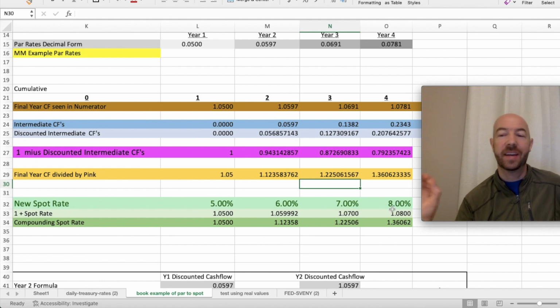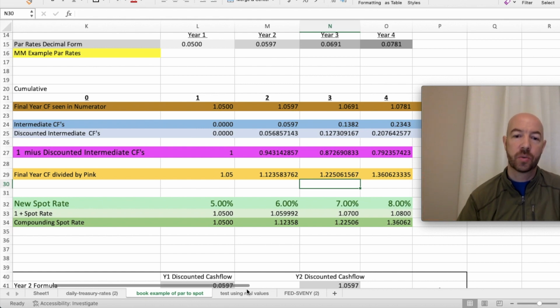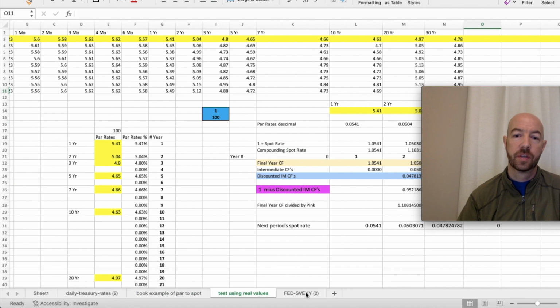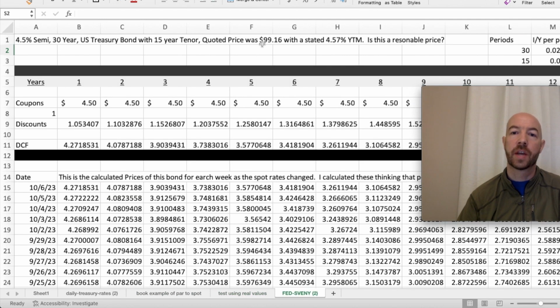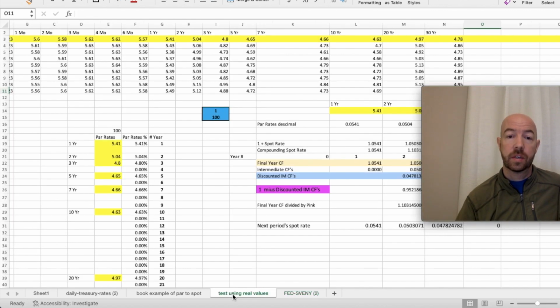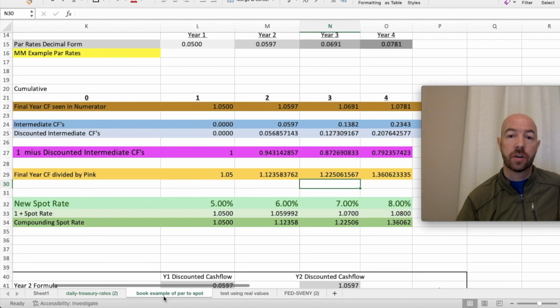Okay, so that I think is super interesting when you go back to this question of you call your broker and they quote your price of $99.16 with a stated yield to maturity of 4.57%. Is that a reasonable price? Clearly, what you're not going to do is find a par curve and start calculating spot rates.